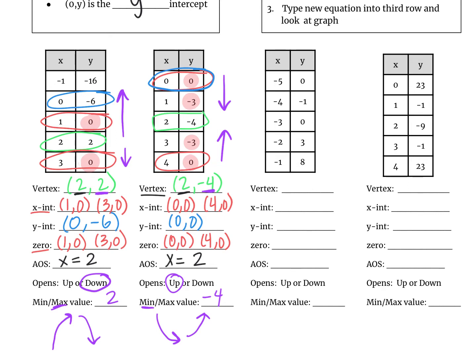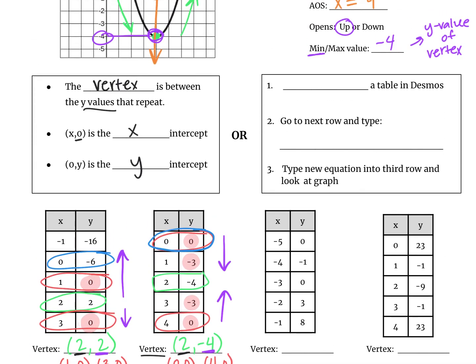And our next way is using Desmos. So I'm going to go up here to our second round of steps. So number one is we would create a table in Desmos. We create the table, we plug in all the values, and then the next row we're going to type in a regression. Now we've done this with exponential functions, and I believe we've also done it with linear as well.